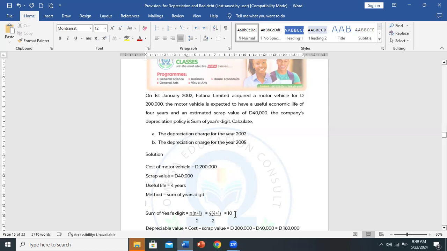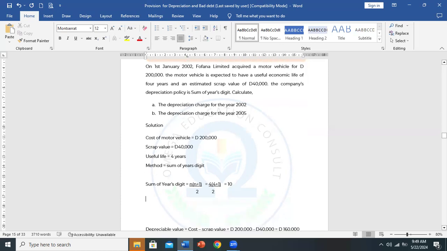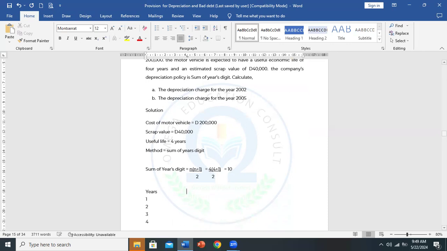So now it is important, after getting the sum of years, to also get the remaining life. So I'm saying arrange the years like this. So you have 4 years, 1, 2, 3, 4. Let's get the remaining life. It's a matter of just turning it upside down. So 4, 3, 2, 1.